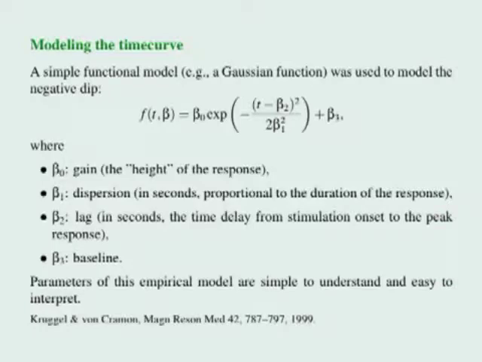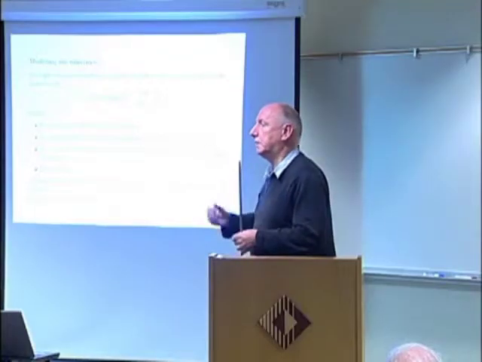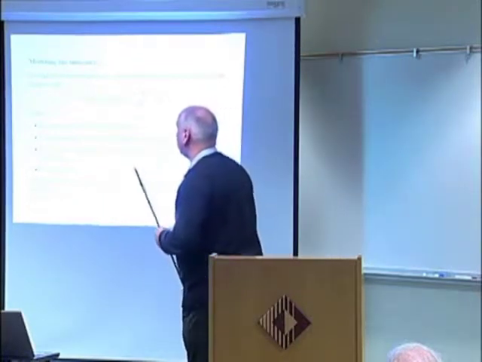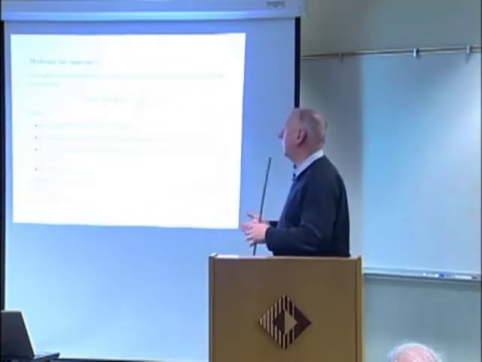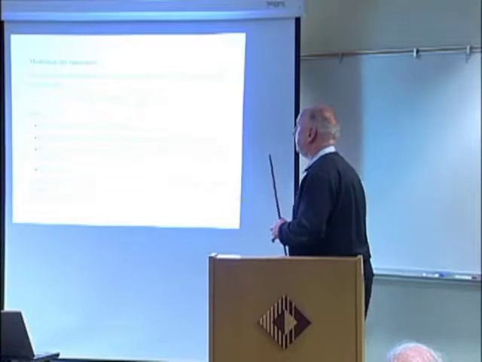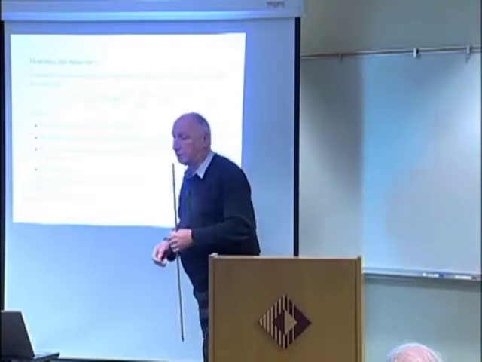And of course, we have some baseline term that I do not want to interpret here. The advantage of using this function is that it's an empirical model, but we get parameters that are very easy to understand. They are very easy to understand in terms of physiologic measures, how they are related to my experiment, and this is what I wanted to show to you.